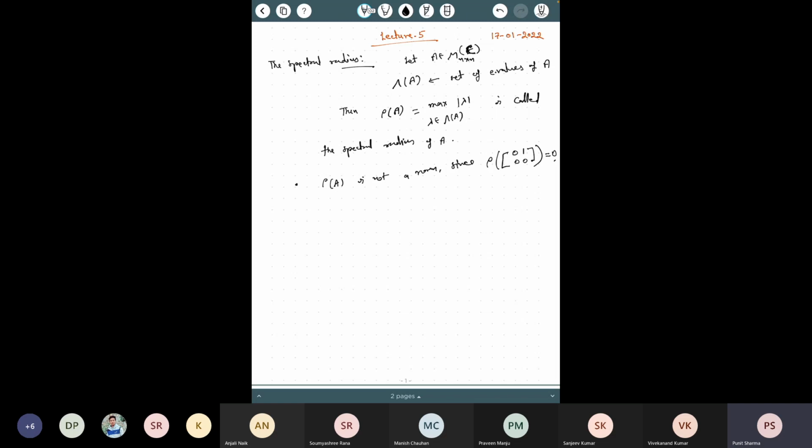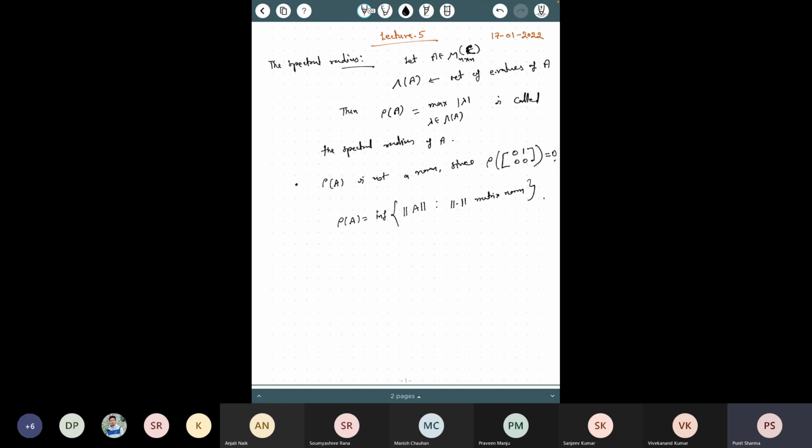You can say this is the infimum of the values of all matrix norms of A when that norm is evaluated for this matrix A. So what I'm saying is that for a given matrix A, rho A is nothing but the infimum of the value of the norm of A over all possible norms on the space of matrices.